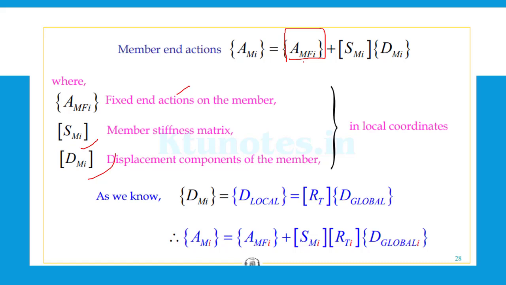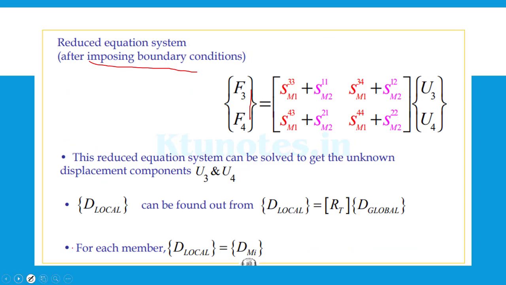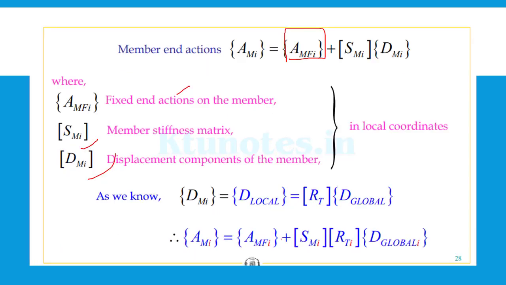So all the things are in the local coordinate. We also know that dmi, which is d local, is equal to rt into d global. So we are relating the member displacement and the global displacement. So applying the DMI here, AMI is equal to AMFI plus SMI into RTI into D global I.